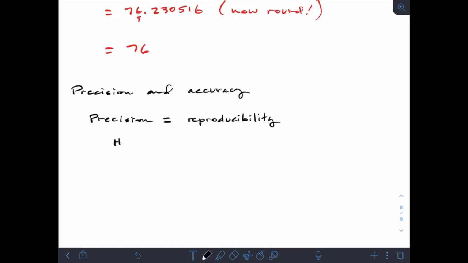How close are the measurements to each other? You take a series of identical measurements, all under the same conditions. How close are each of those measurements to each other? Right? If you do multiple trials, which you'll do quite a bit in your lab activities, how close are the individual numbers to each other?